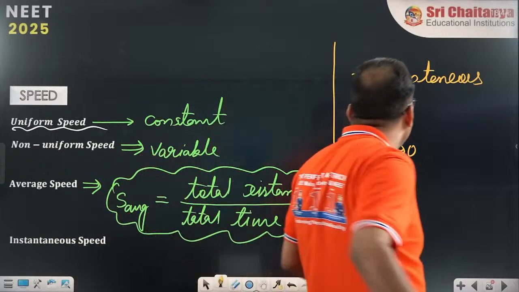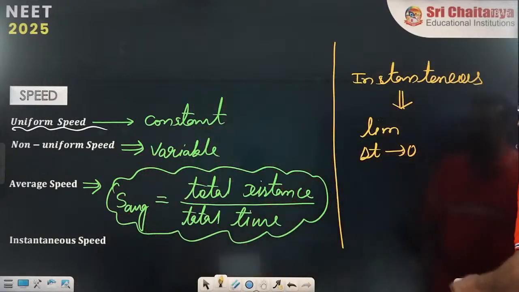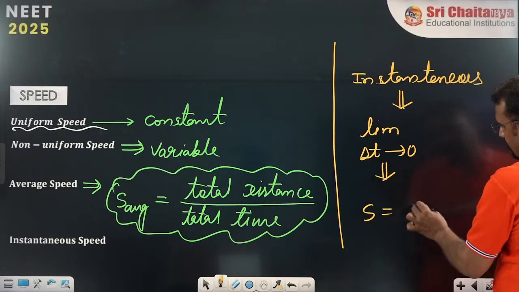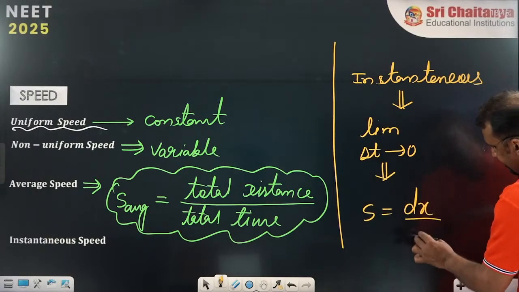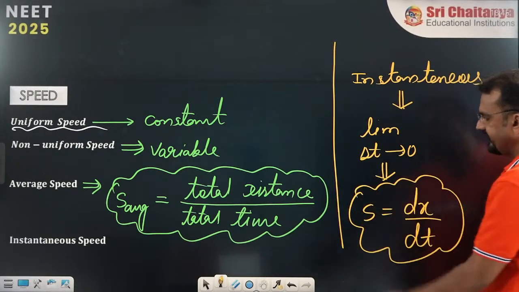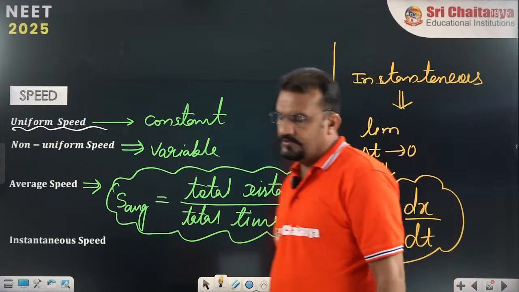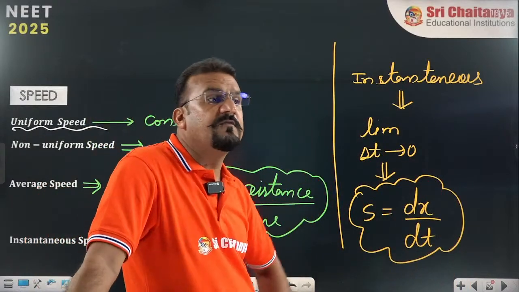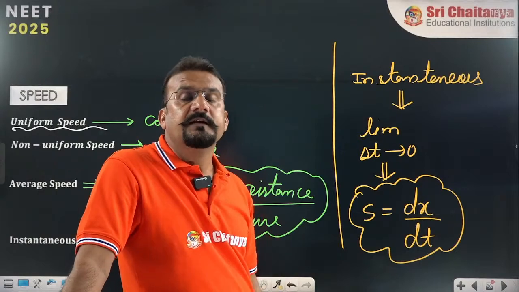So that's why the word itself is instantaneous, and it is denoted by S equal to dx by dt. See, in instantaneous you can use displacement in place of distance. Sir, why can we use it? Because speed is a scalar quantity. Why can we use displacement?